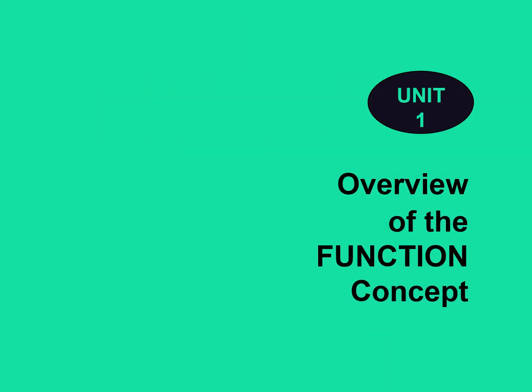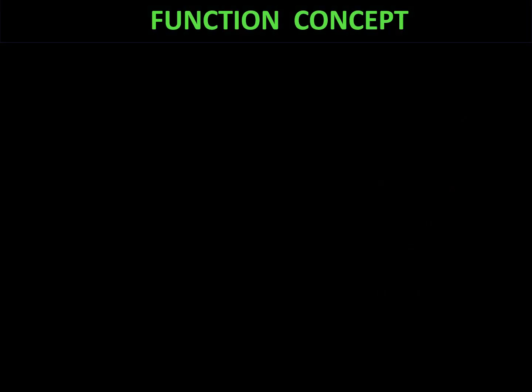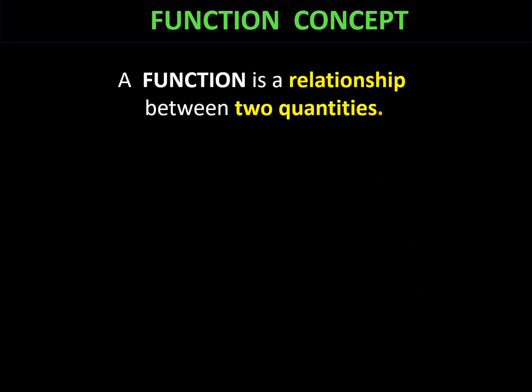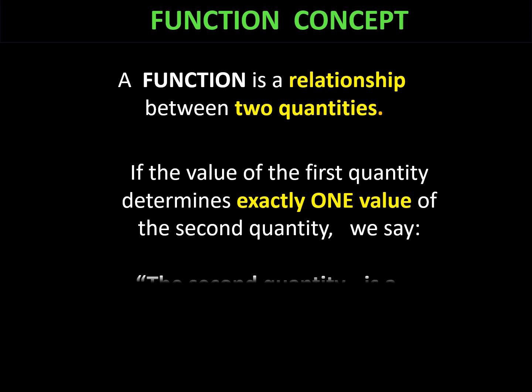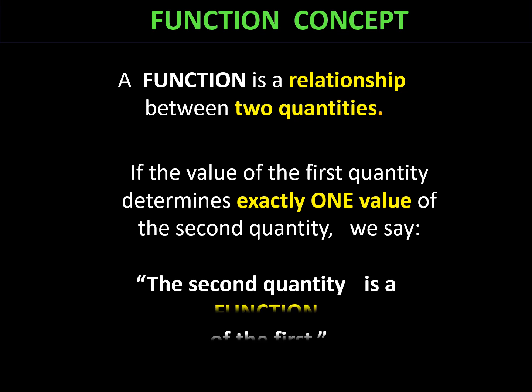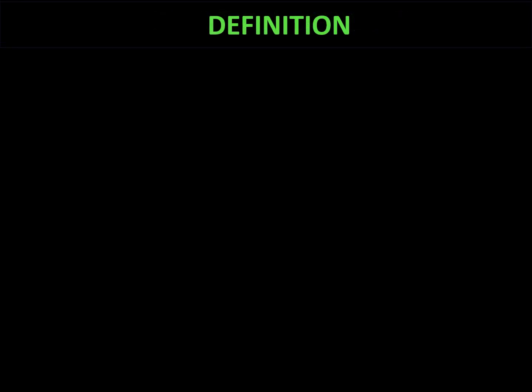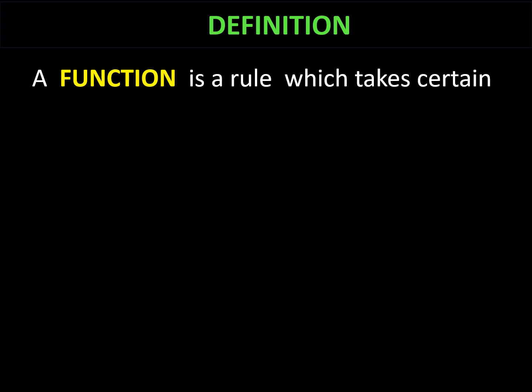Let's start with the first. A function is a relationship between two quantities. If the value of the first quantity determines exactly one value of the second quantity, we say that the second quantity is a function of the first quantity. Let's look at the definition of a function.